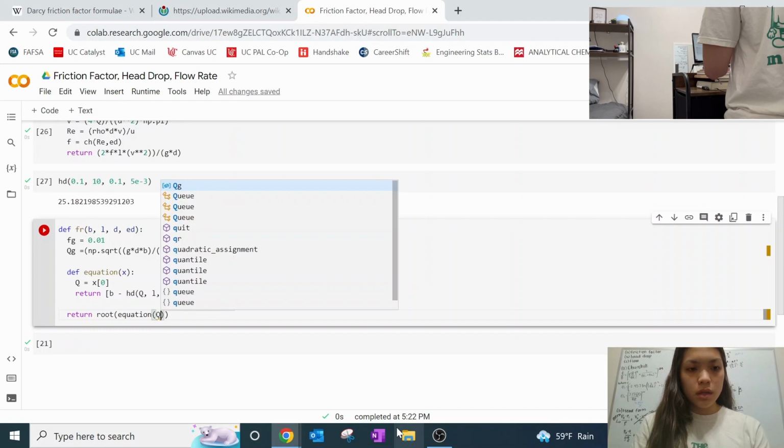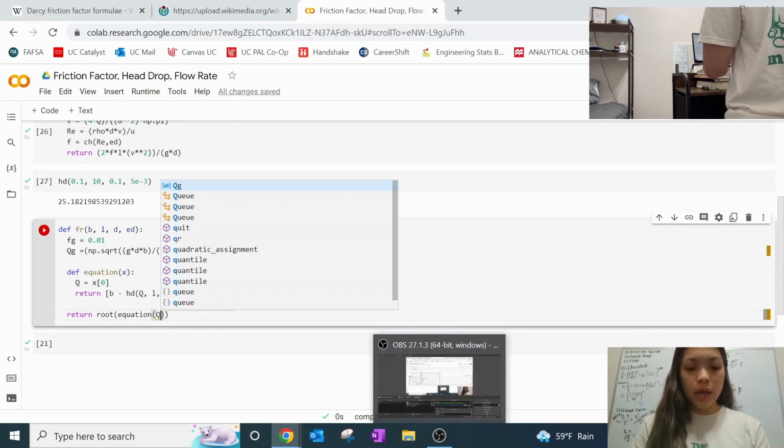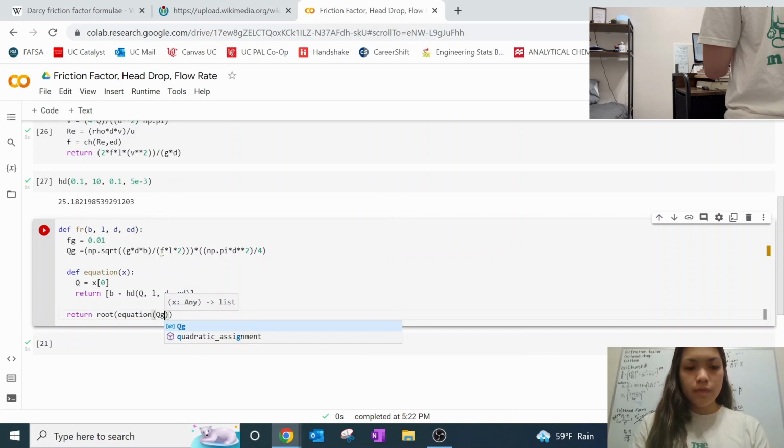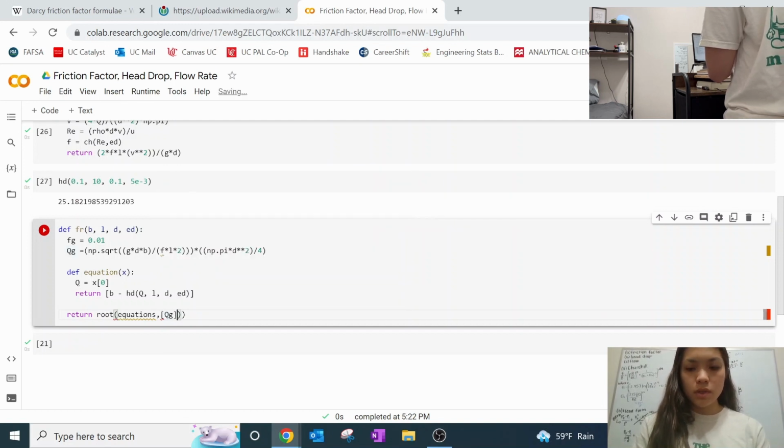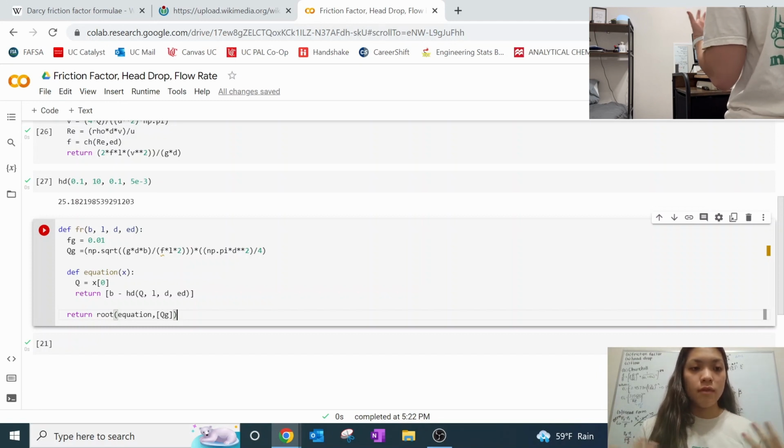using the guess, again, it's a vector, so we'll want to have brackets. So that's it. When we're using the root solver, we need the guess as well as the function that we're using.